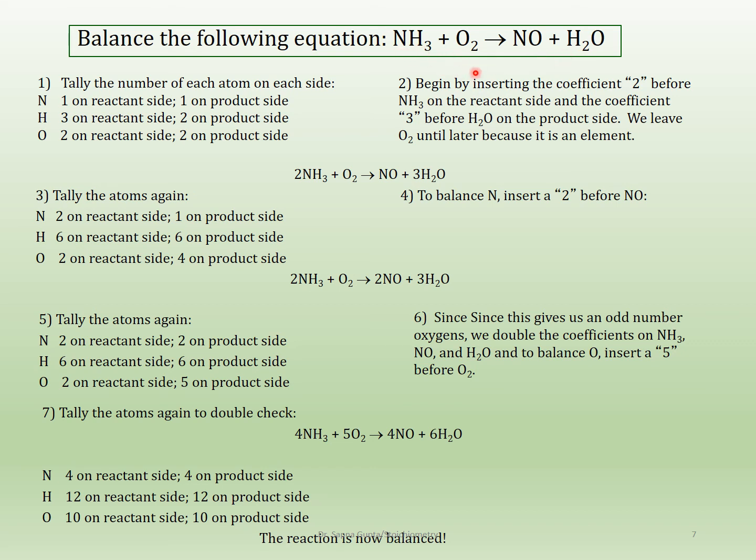So once you have balanced the hydrogens, then you will balance out the nitrogens, and then of course you look at oxygen at the end. Okay, so that's how you get started with this equation. Again, read all of this to figure it out.